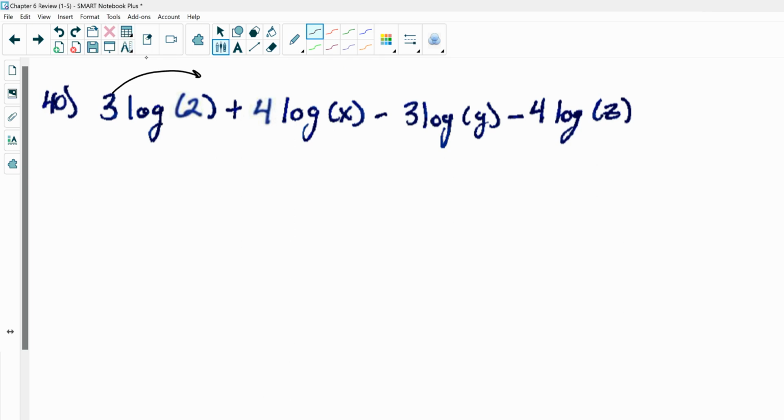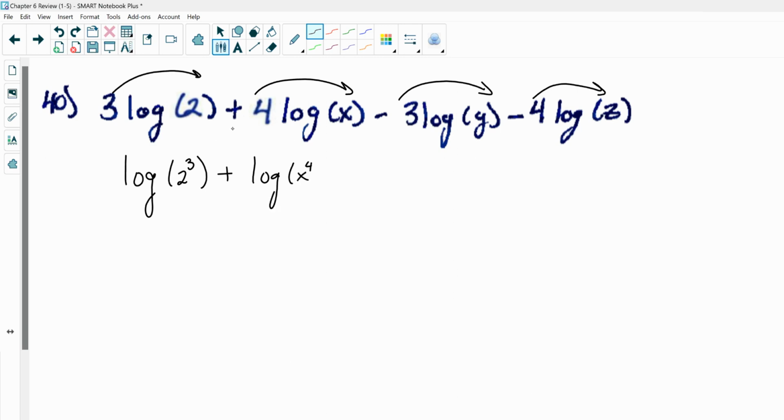Here, power first. So we're going to move all of these numbers in front of the logs back up into exponents, which would give us log of 2 to the 3rd plus log of x to the 4th plus log of y to the negative 3 plus log of z to the negative 4.